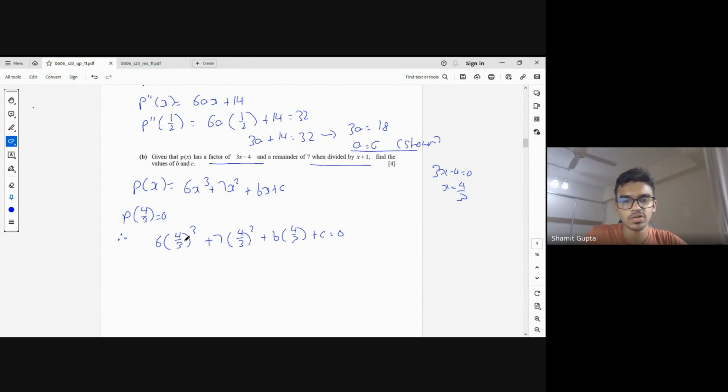So it'll be 128 over 9. Then this will be 7 times 16 over 9. So you could just do 7 times 4 over 3 squared. That'll be 112 over 9 plus 4 over 3 b plus c equals to 0. Now, what can we do?